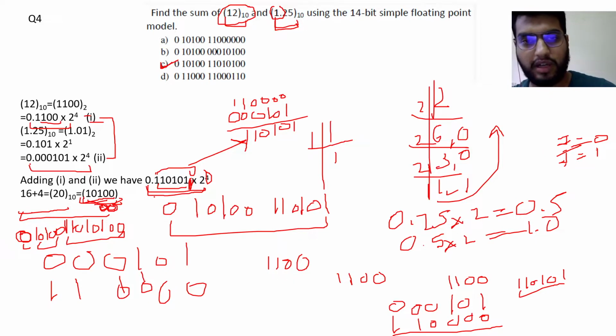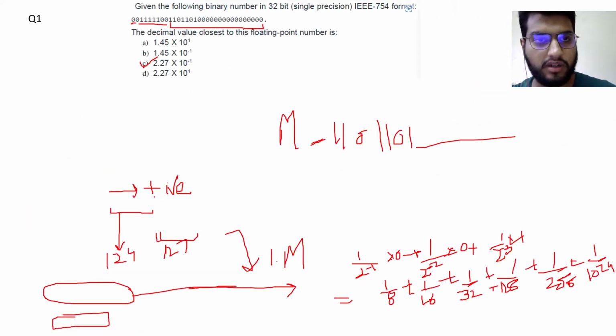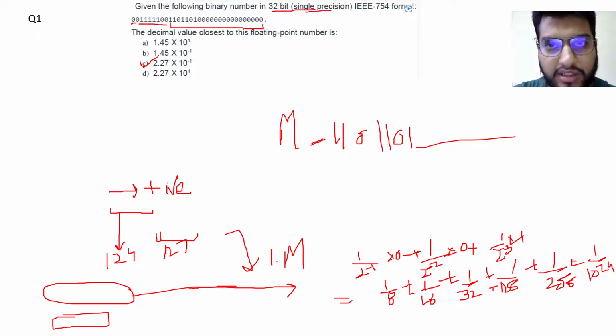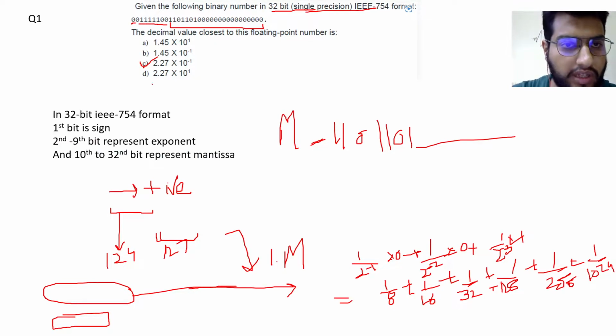Now coming back to question number 1, we have to convert this 32-bit single precision number to the closest decimal value. In 32-bit IEEE format, we have the first bit, that is the sign, then the next 8 bits are the exponent, and the rest of the bits are the mantissa.